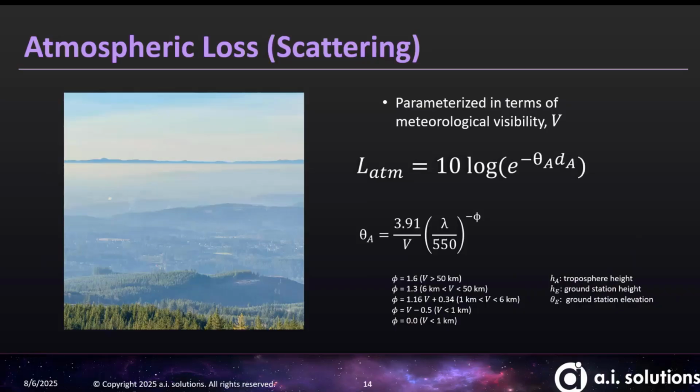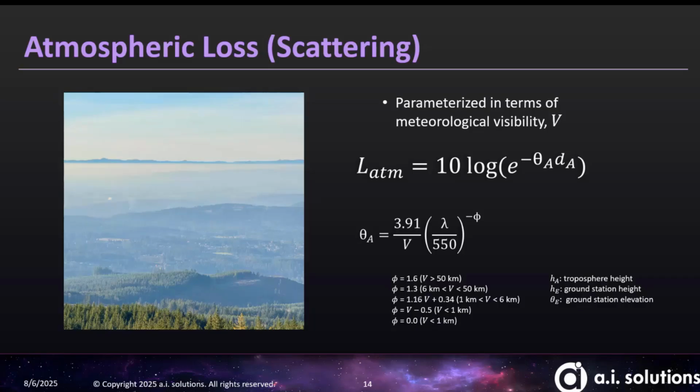All right, so one that we can't disregard just via engineering and part component selection is atmospheric loss due to scattering. The good news is that this is pretty easily parameterized in terms of a variable called the meteorological visibility, and that is just what it sounds like. It's how far you can see, although it's rigorously defined. This is a very commonly available metric.